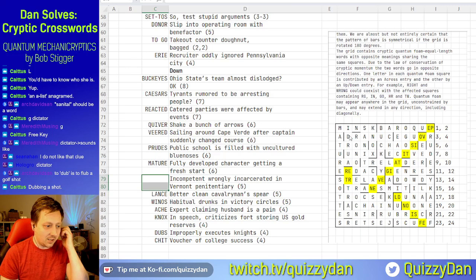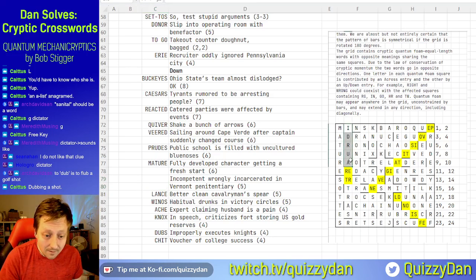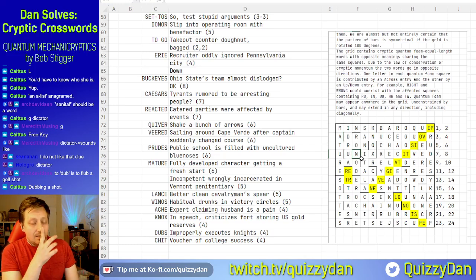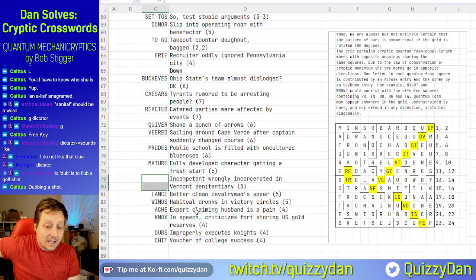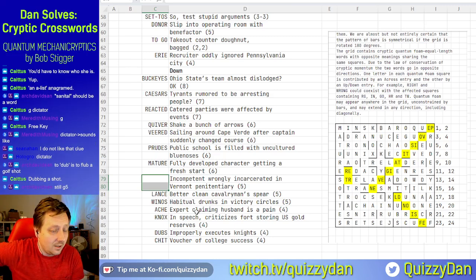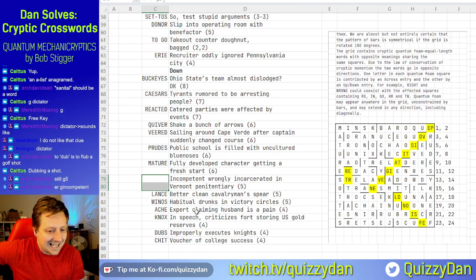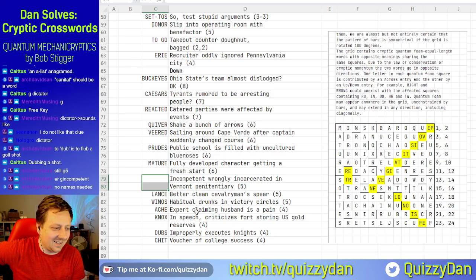So the last one is incompetent, wrongly incarcerated in Vermont Penitentiary. And it's going to go here. Is this the name of a penitentiary in Vermont? Incompetent. Inapt. First letter, please.